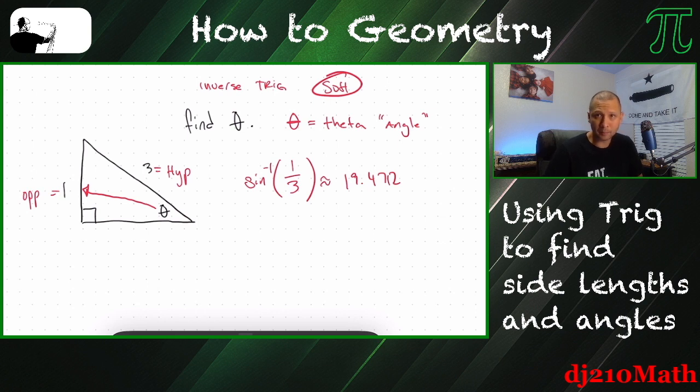All right, so in summary, when we're looking for the side lengths, we're going to use trig functions, sine, cosine, and tangent. We're going to set up the appropriate equation, or proportion rather. It's going to be one of the three, depending on the angle and the appropriate ratio: opposite over hypotenuse, adjacent over hypotenuse, or opposite over adjacent.